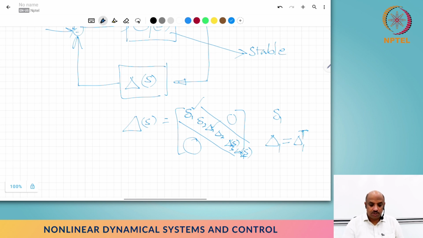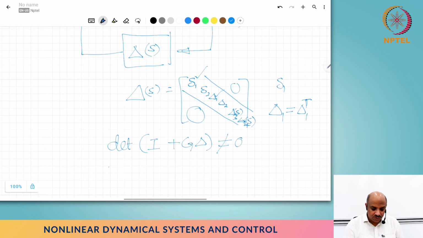So the question of basically how do I ensure this particular condition, determinant of I plus G delta not equal to 0. And what is the smallest delta or the biggest delta where this condition is satisfied, or conversely smallest delta such that determinant of I plus G delta is 0, right?